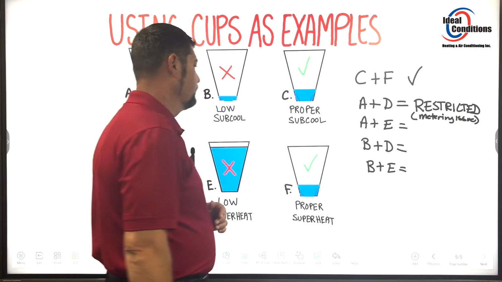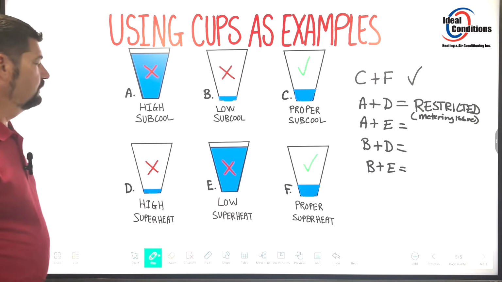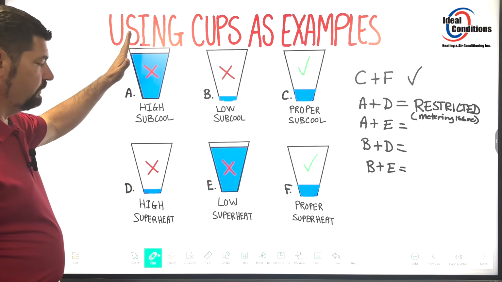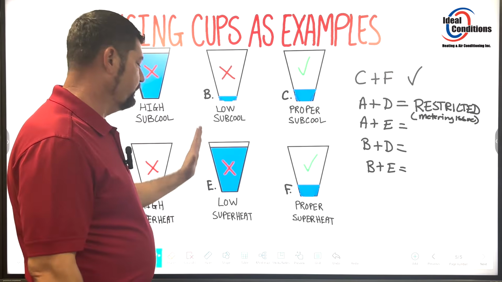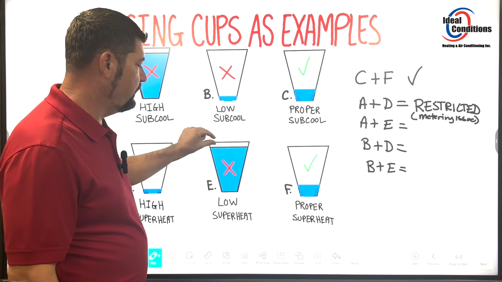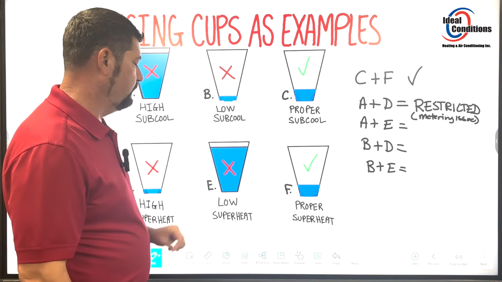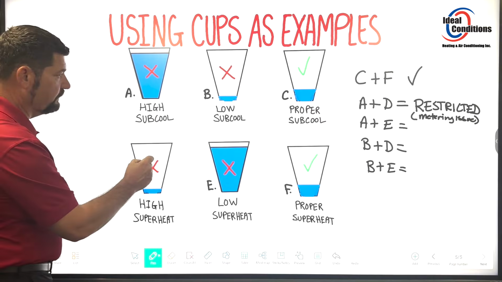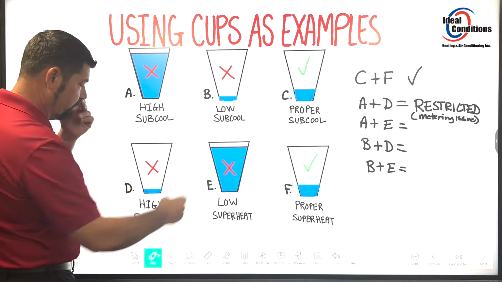Metering issue. All right, so let's look at the combination of A plus E. Well, if I have a high subcool, that's a lot of liquid leaving my condenser, and I have a low superheat, which is a lot of liquid in my evaporator, not much vapor left, that's not a restriction. Because there's no way I could have gone from here to here that it's a restriction, and then gone from here to here and say that that's still a restriction.